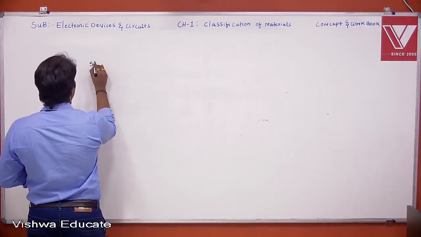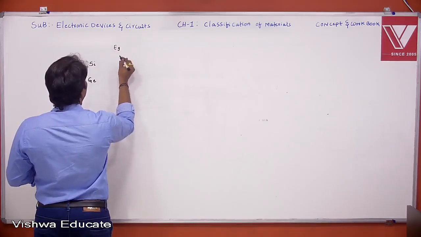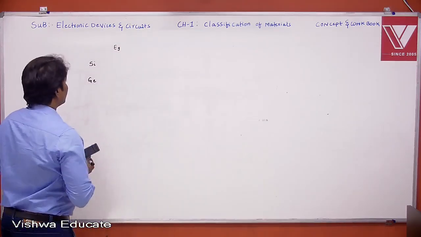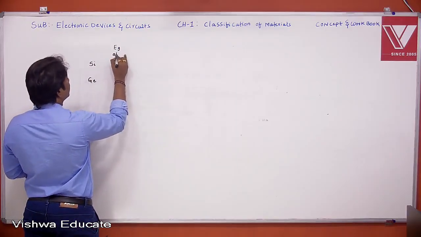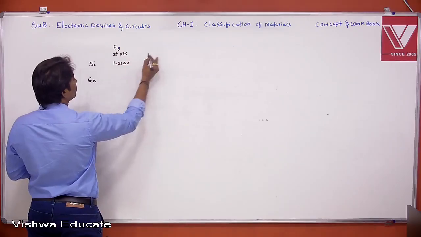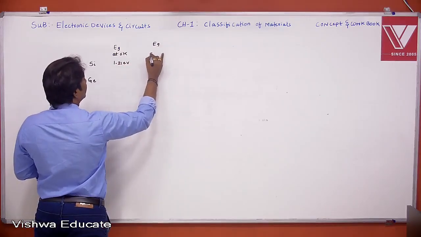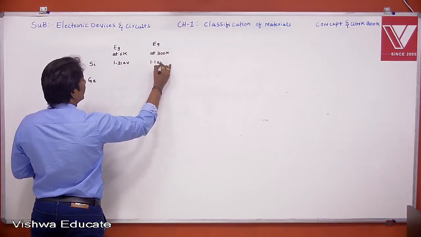Next topic, energy gap. See, what is the energy gap of silicon at 0 degrees Kelvin? Actually 1.21 electron volt, and at 300 degrees Kelvin this is 1.1 electron volt.